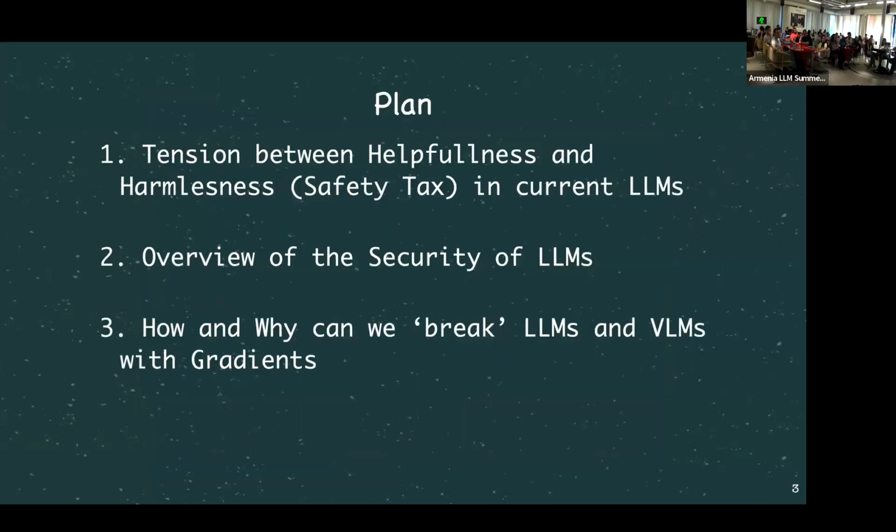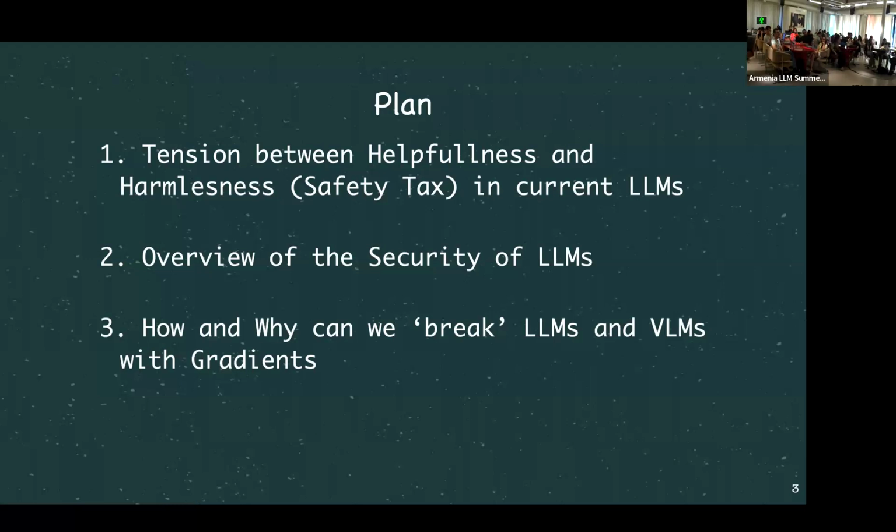Okay, so the plan is first to look at why we care about helpfulness and harmlessness, so why there is this tension between security, safety, and being helpful and useful. Then we'll have a small overview of the security of large language models, the different threat models, and the different types of attacks.